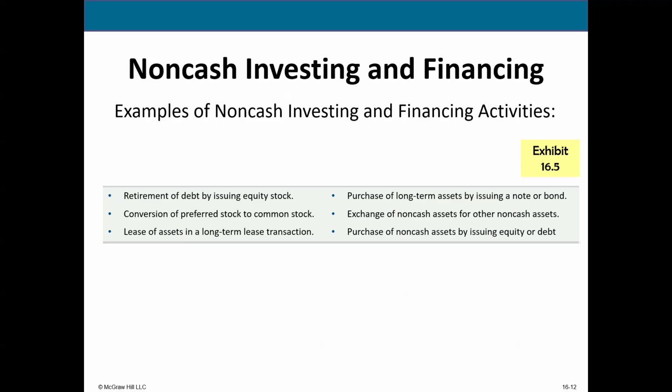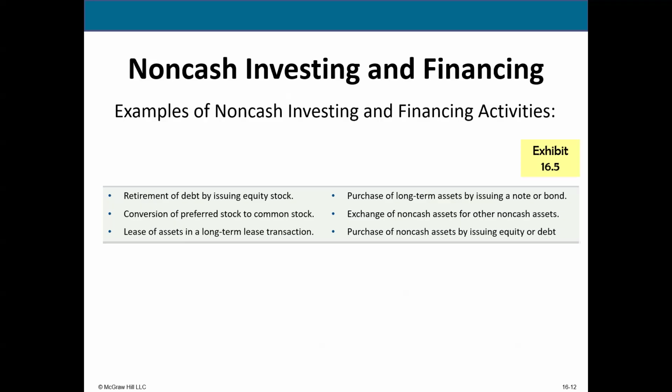I'm leasing an asset in the form of a lease transaction. No cash there. I'm purchasing an asset by issuing a note or a bond. No cash involved. I'm exchanging non cash assets for other non cash assets. No cash involved.